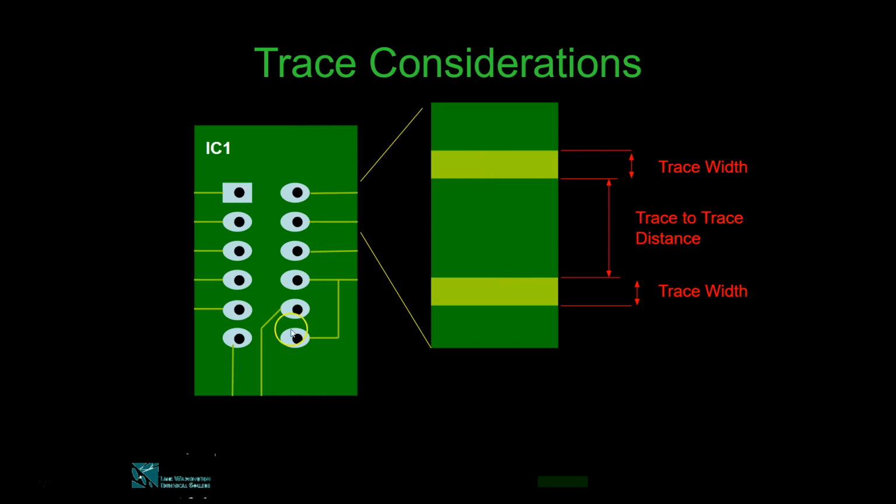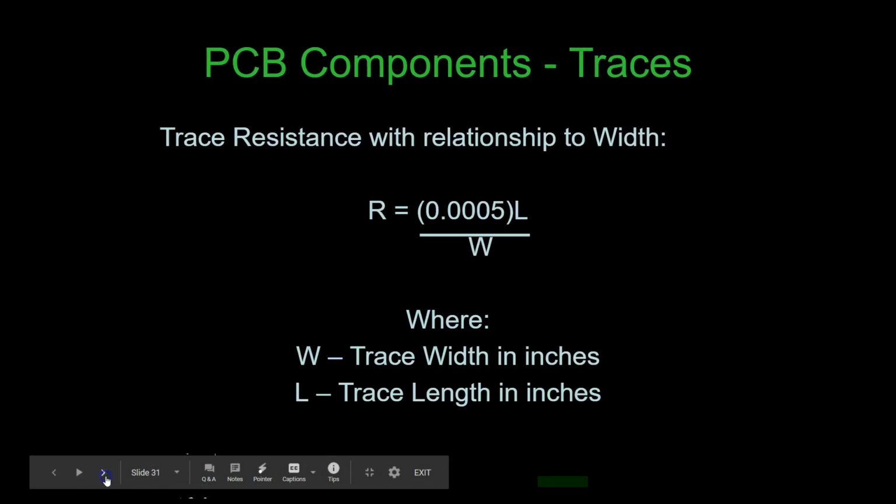So this is a PCB board design, and this is a copper layer, and this is basically the zoom form of this portion. So it says this is the trace width. It can be determined this way, and the distance between these two traces is called your trace to trace distance.